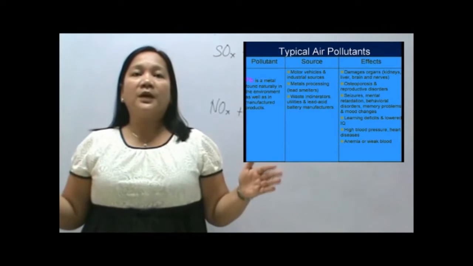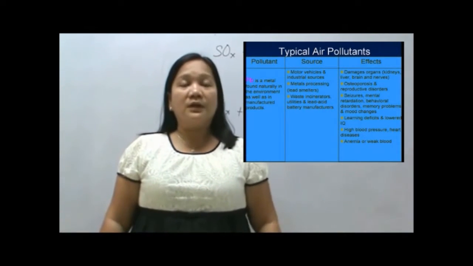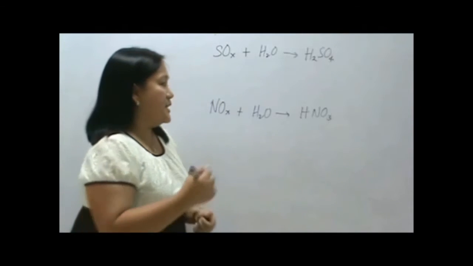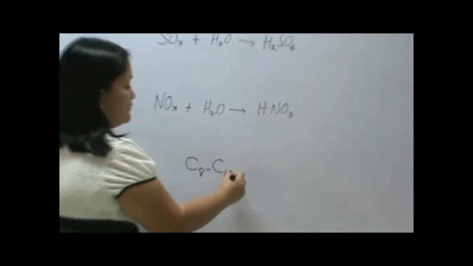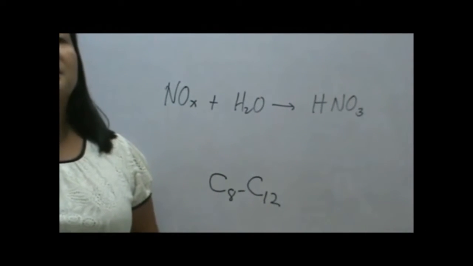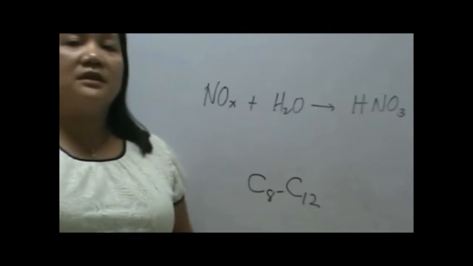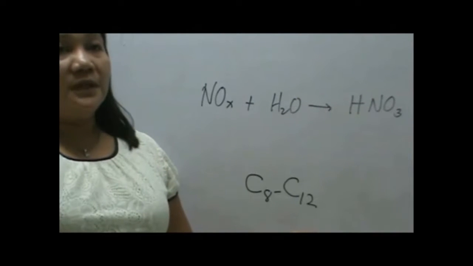Now, in order for it to be utilized, particularly for transportation as fuel, you have to have this chain of C8 to C12. So if you enter the crude oil in fractional distillation, there's a certain fraction that is for fuel, so C8 to C12.